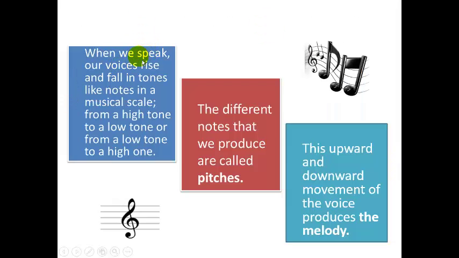When we speak, our voices rise and fall in tones like notes in a scale, from a high tone to a low tone, or from a low tone to a high one. The different notes that we produce are called pitches. This upward and downward movement of the voice produces the melody.